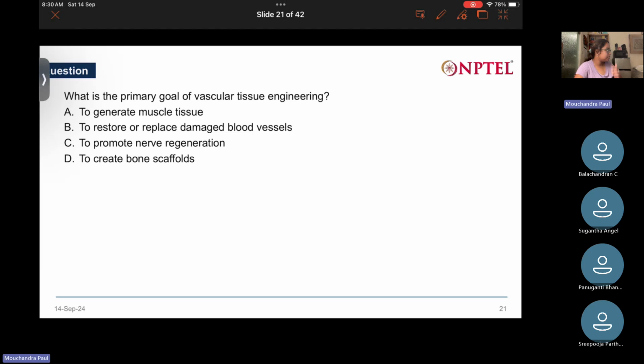A, B, C, D. Which one is correct? B. Yes. Very easy. You need vascular tissue engineering principles to restore or repair or replace any damaged blood vessels in your body. Correct.